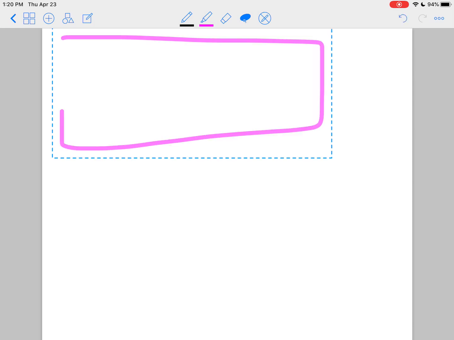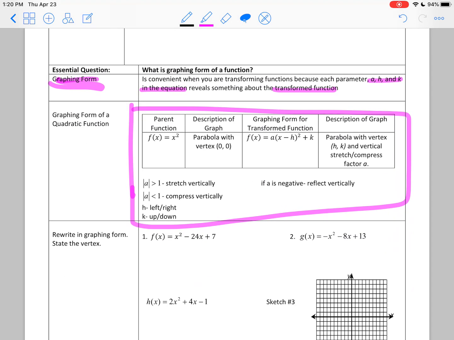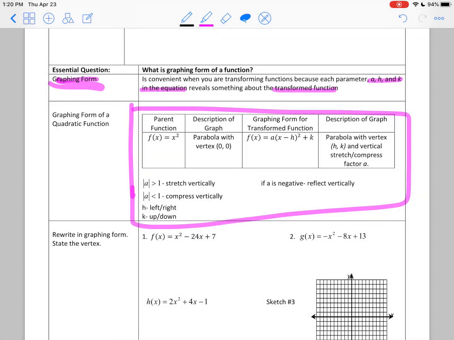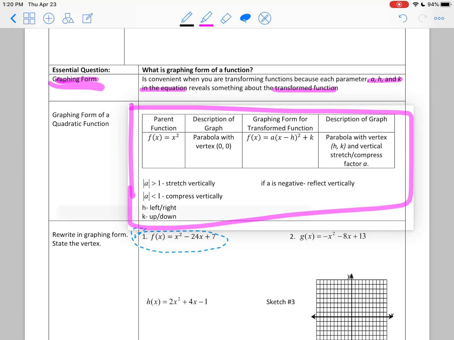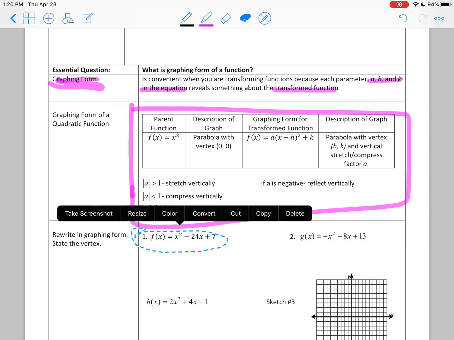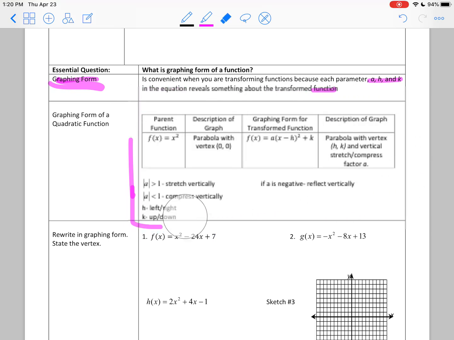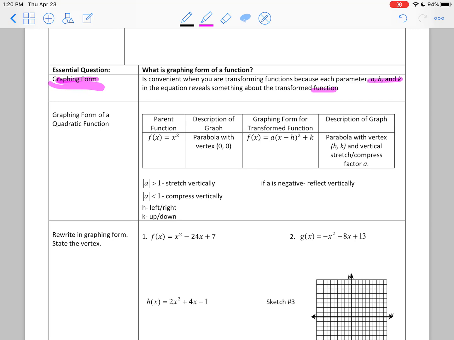Oh, that's not what I wanted. Let's go back a page. Let me erase this. Let's try this again.